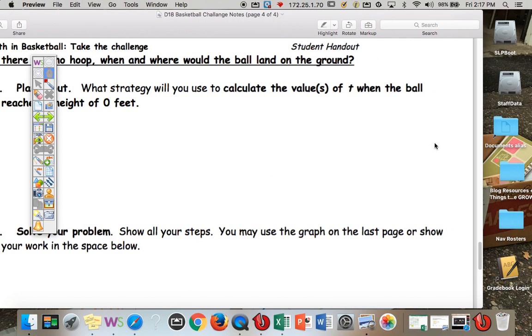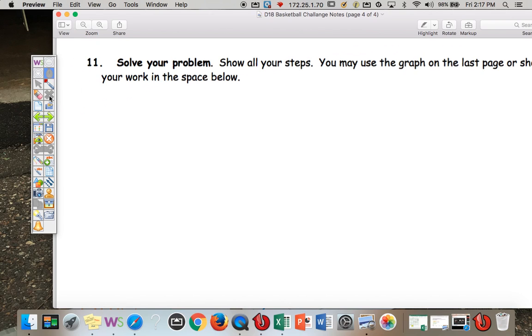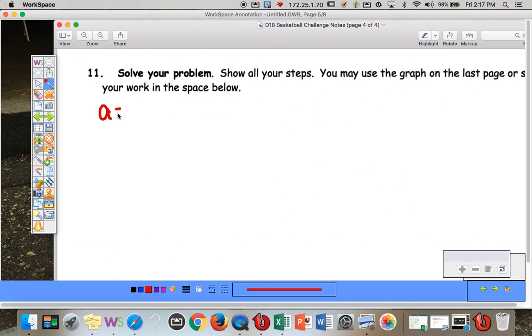So to find the zeros, we can use quadratic formula. And if you remember A, B, and C, so we look at the original equation. A is negative 16, B is 24, and C starts at 7 feet.